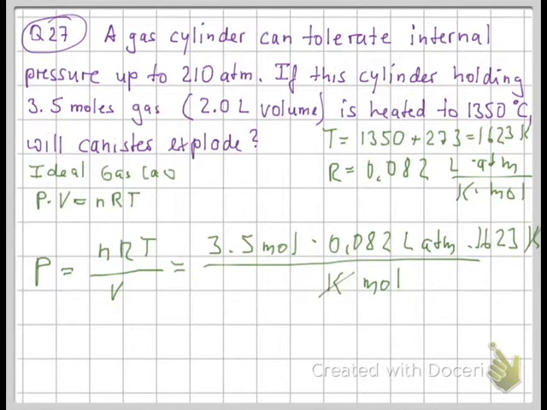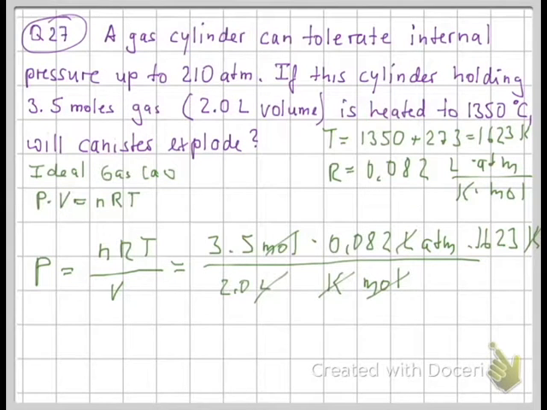Kelvins cancel, moles cancel. Oh, and liters. Where did the liters go? The liters have to go in the bottom, and it was 2 liters. 2.0 liters. So liters cancel, and all we have now is left atmosphere as a unit.